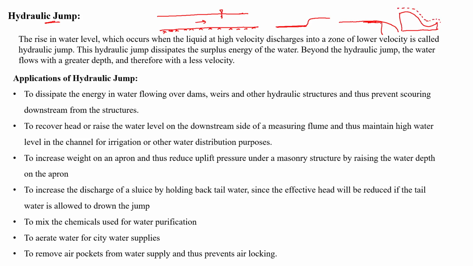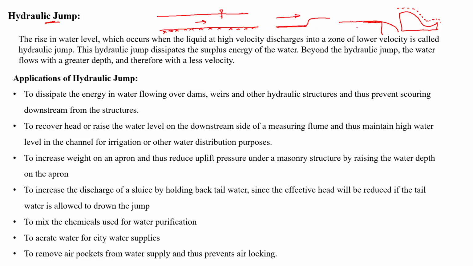When the flow takes place over these kinds of formations, the flow properties may alter. Either velocity or depth may alter, as well as the specific energy and specific force. All these flow properties will change when flow takes place over these kinds of formations. So this is a general case.